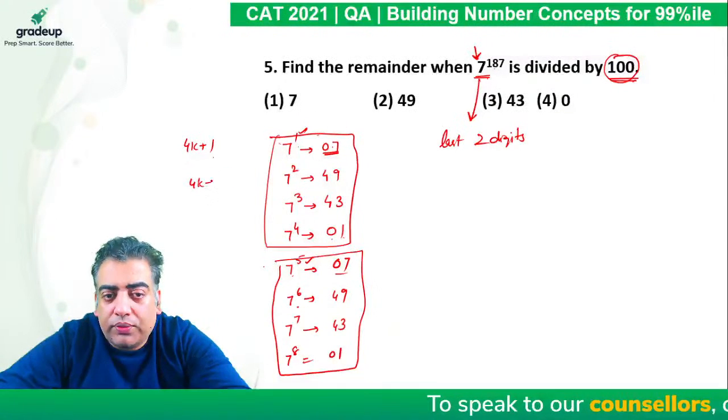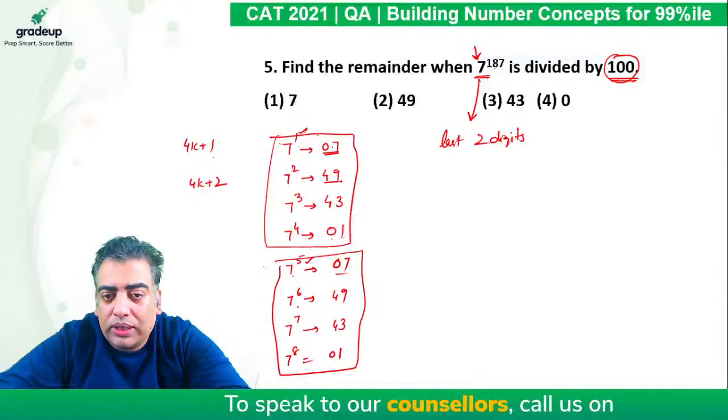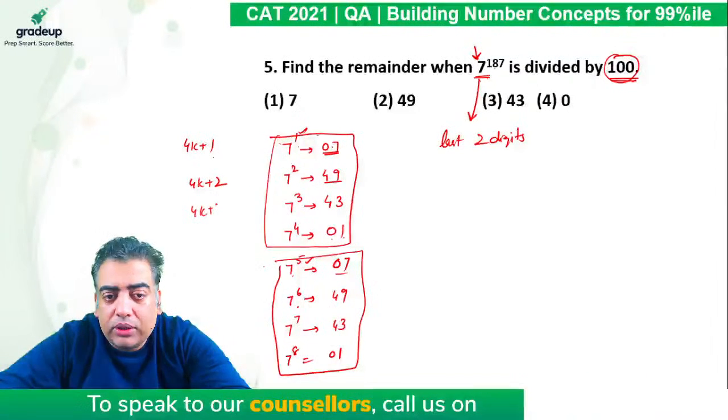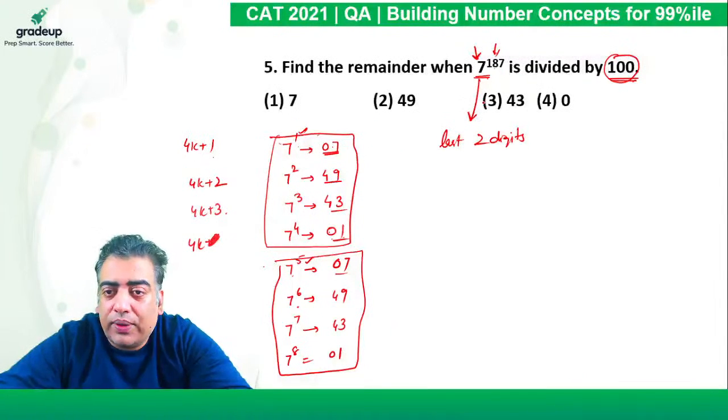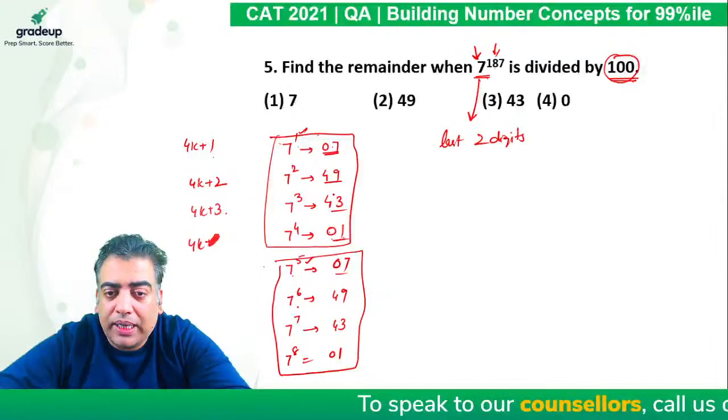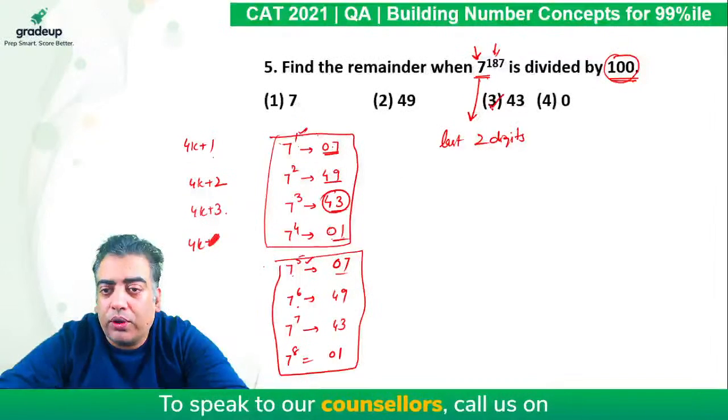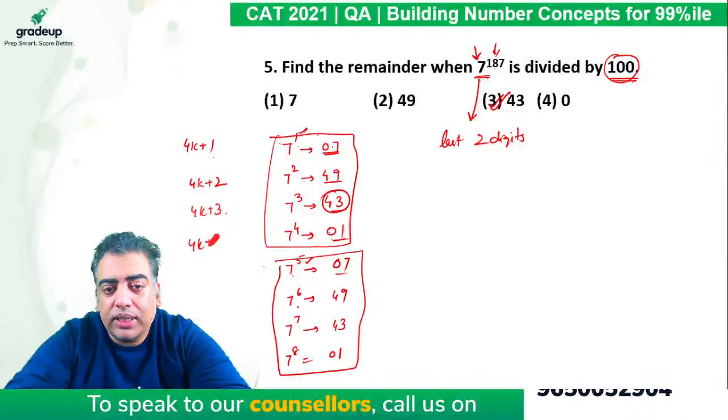When the power is of the form 4k plus 2, the last two digits are 49. In case of 4k plus 3, it is 43. In case of 4k only, it is 01. So here the power, which is 187, when divided by 4, the remainder is 3, which means the answer comes out to be 43, hence option C.